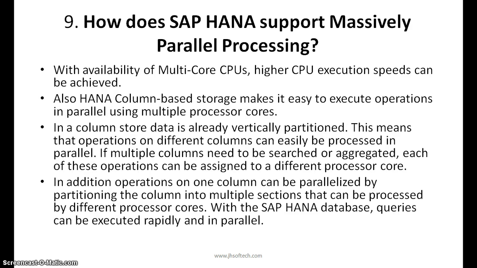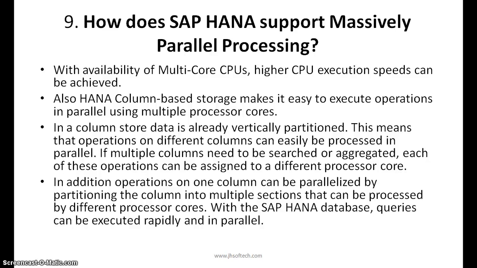So how does SAP HANA support massively parallel processing? With the availability of multi-core CPUs, higher CPU execution speeds can be achieved. Also, HANA column-based storage makes it easy to execute operations in parallel using multiple processor cores. Column store data is already vertically partitioned, so operations on different columns can easily be processed in parallel. If multiple columns need to be searched or aggregated, each of these operations can be assigned to a different processor core.